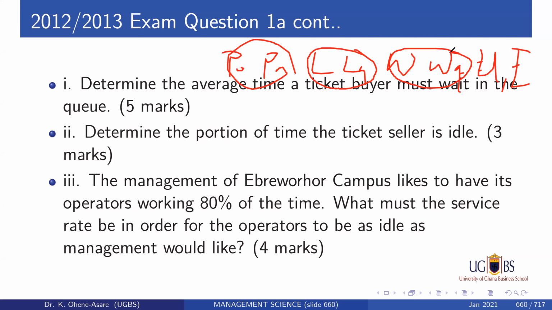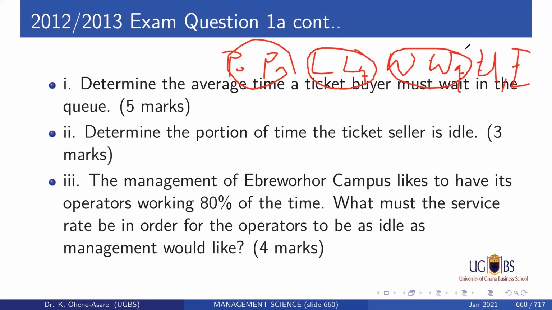And I told you that anytime you have the wait, it means you are queuing, and because you are queuing, it means that we are dealing with the queue. But the question is, are we dealing with the number of customers L, or the waiting time W? As you can see, we are dealing with the waiting time W.